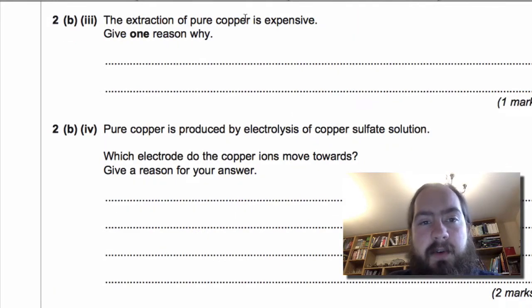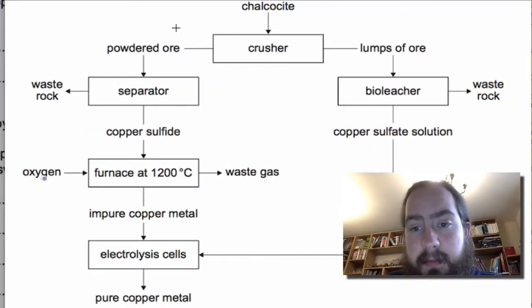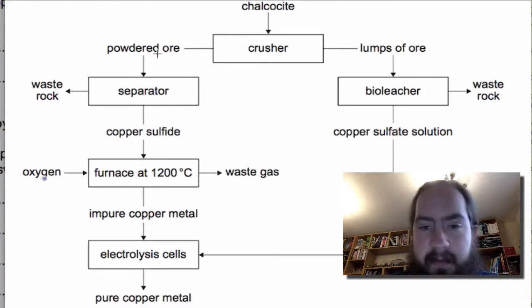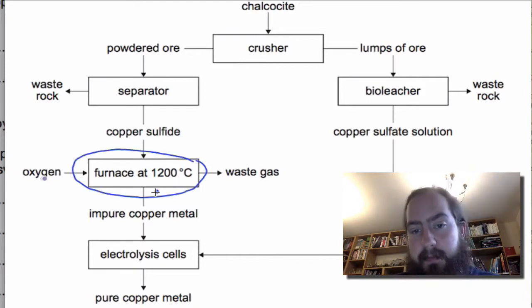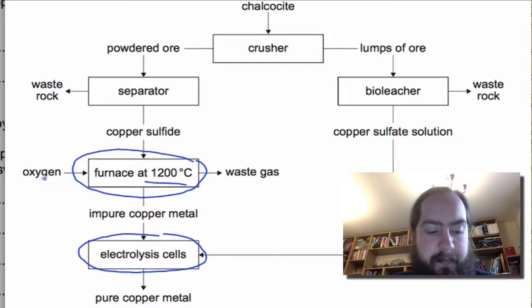The extraction of pure copper is expensive. Give one reason why. This also goes back to this diagram here. Why is the extraction of pure copper expensive? It's to do with the amount of energy it takes to heat this furnace. 1200 degrees C is a lot, and then you've got to do electrolysis afterwards. So there are two ways that you can write this down.